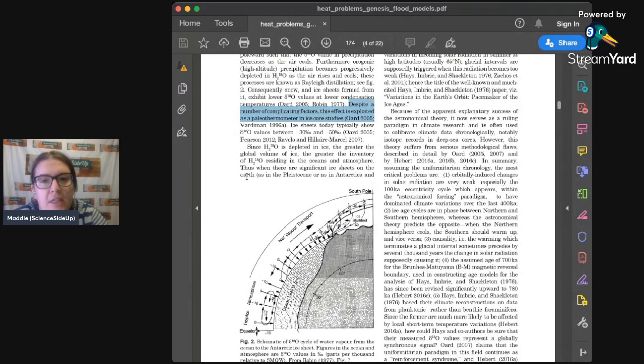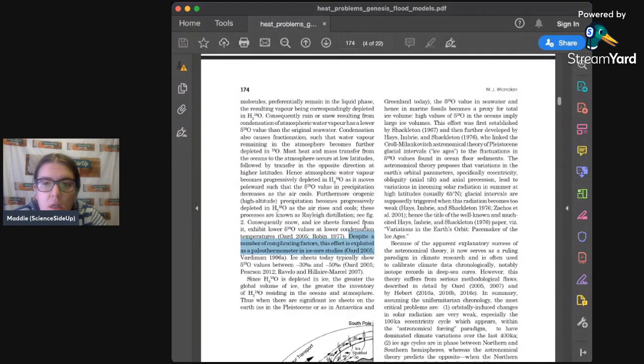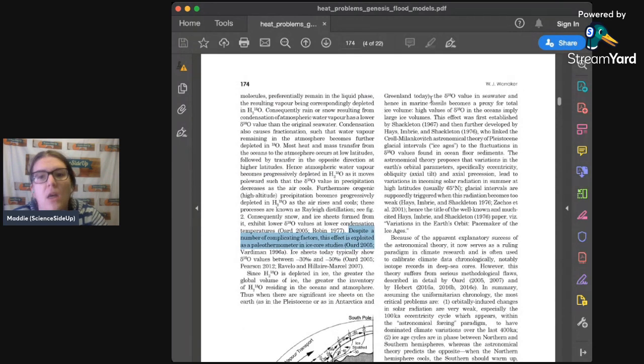Thus, when there are significant ice sheets on the Earth, such as in the last ice age, the oxygen 18 value in the seawater and hence marine fossils becomes a proxy for total ice volume. Yep, high values of oxygen 18 in the oceans imply large ice volumes.